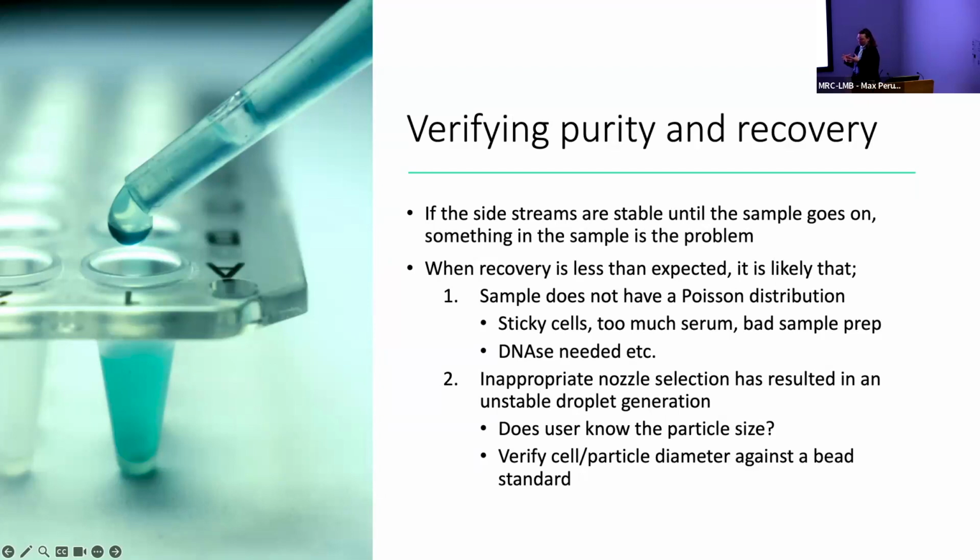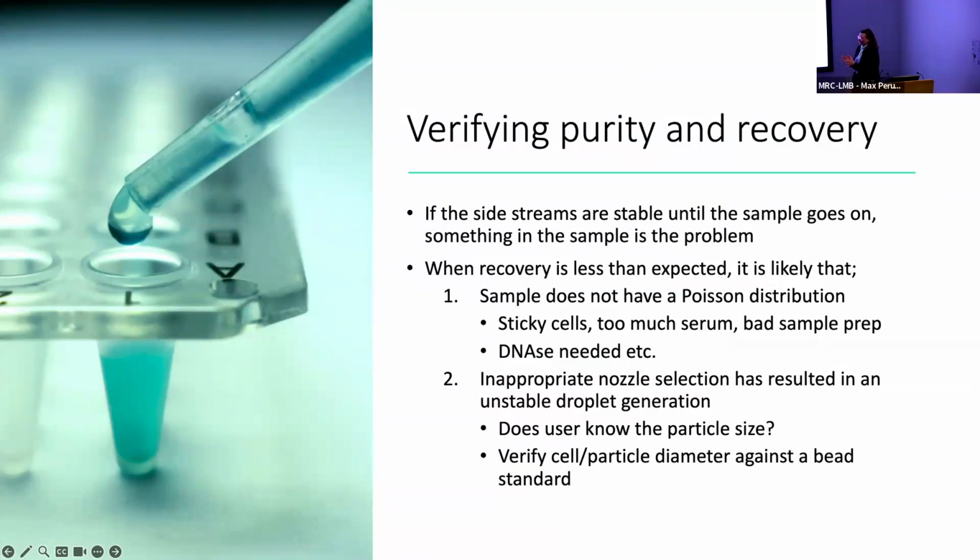Because if you imagine we're trying to squeeze a 40 micron cell through a 70 micron nozzle, it's not going to work very well. So if you're not sure, you can always use some imaging techniques or microscopy, or verify your cell particle against a bead standard, which is very common, particularly if your cells are much smaller.